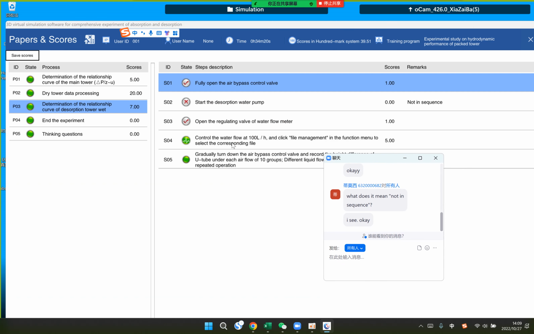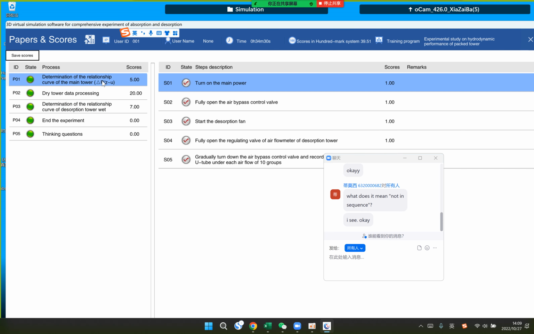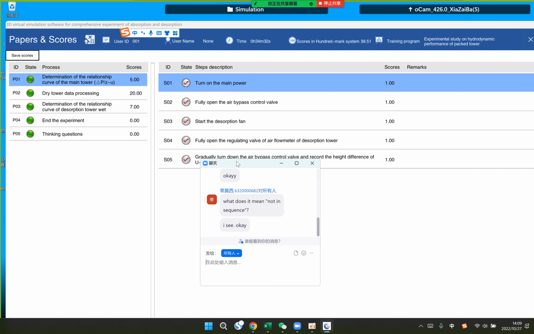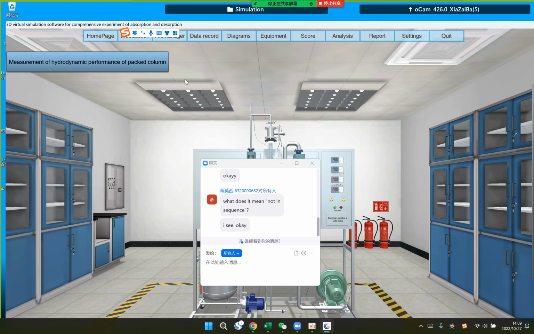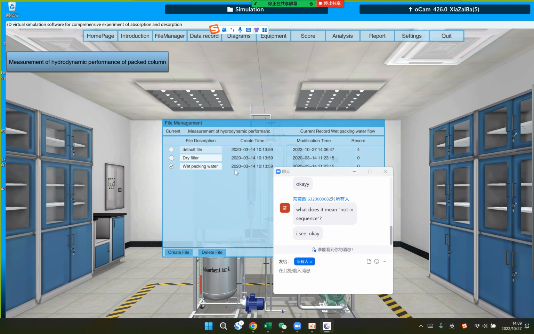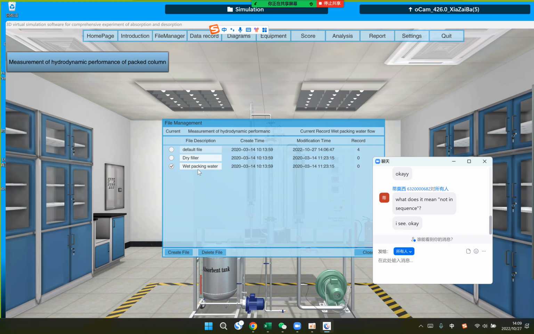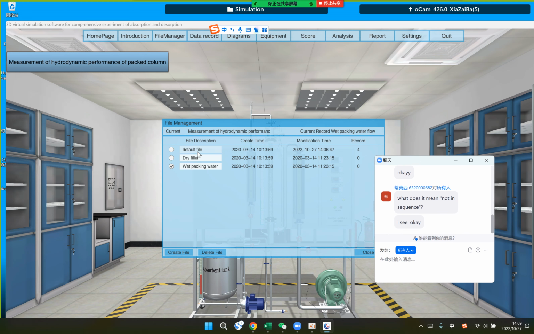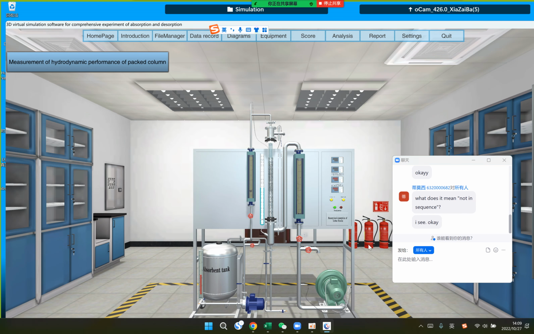Then control the water volume at 100 liter per hour and click File Management in the function menu to select the corresponding file. Okay, I think it asks us to change this one, wet packing water, into wetter packing water, and then redo the experiment again.